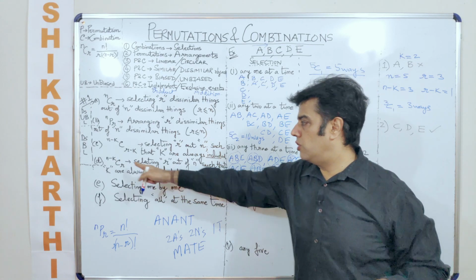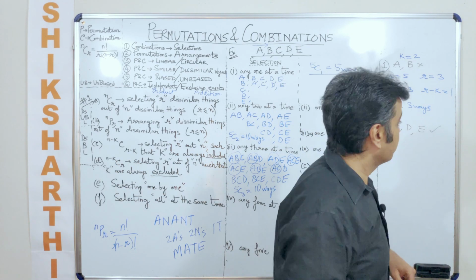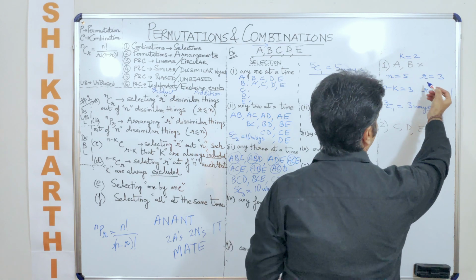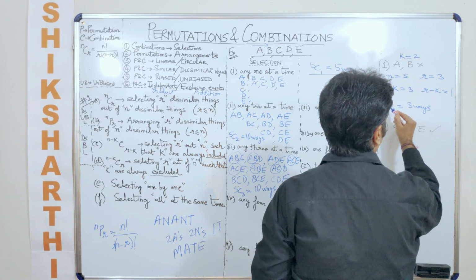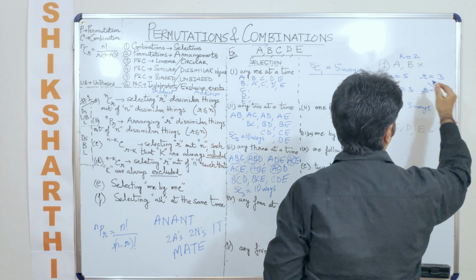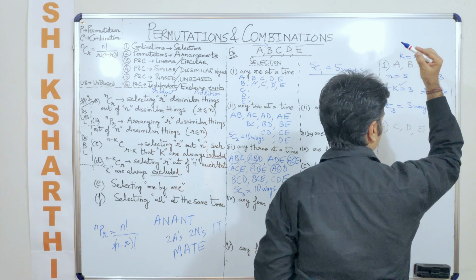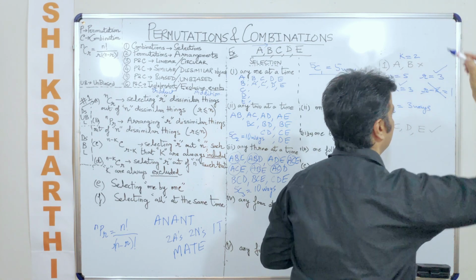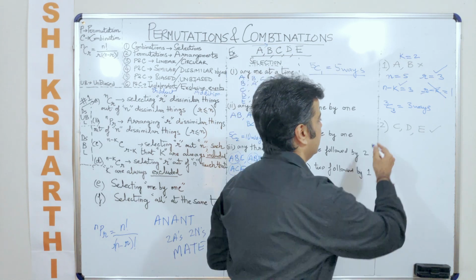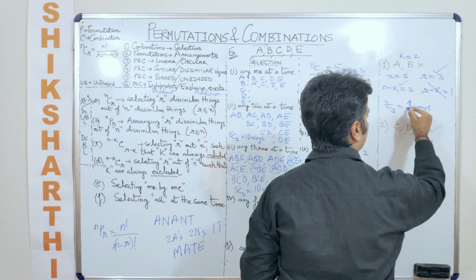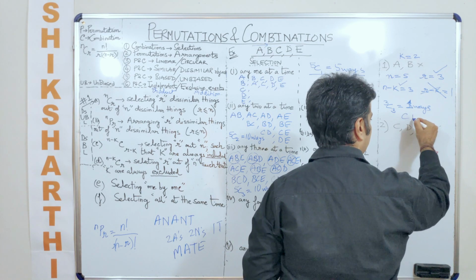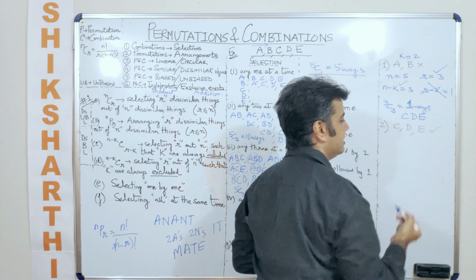I should be using this formula instead. So all I need to change here is, I will not write this, because here I need to select from n minus k, and then I just take the value of r here as 3. In that case, the number of cases that I am going to get here is 1 way. And what is the 1 way in which I can select? The selection here is CDE.